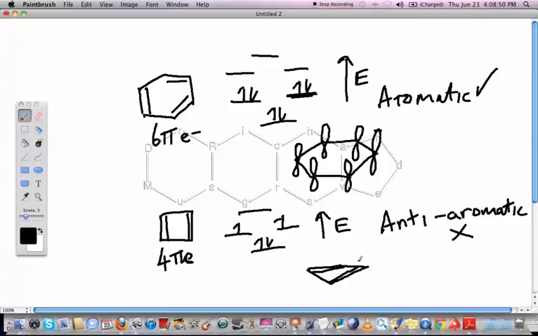Except since this is a four-membered ring, that twisting is very limited, so the ability for it to actually bond with these two electrons is very limited here. So this is considered to be non-aromatic once it's not flat. Once it bends out of the plane, it's non-aromatic.